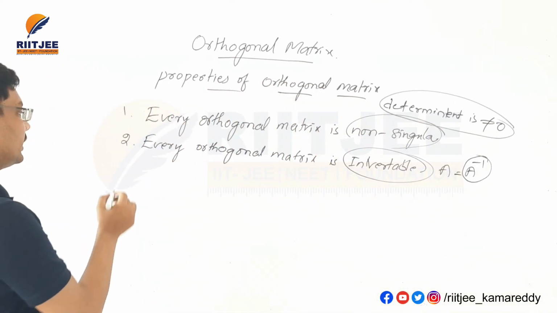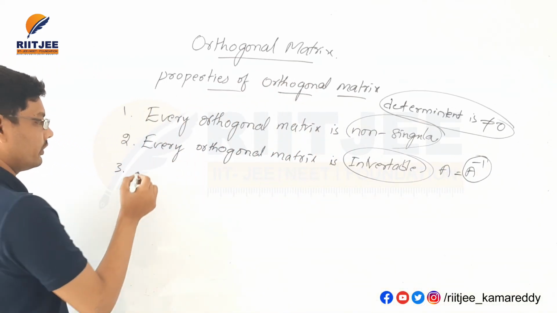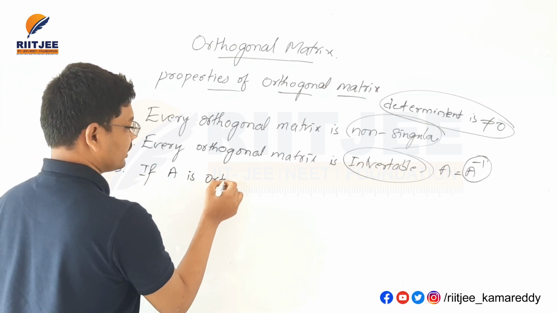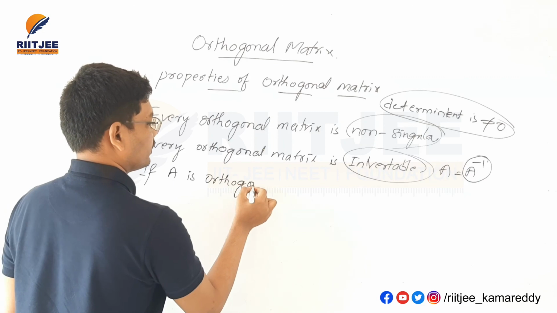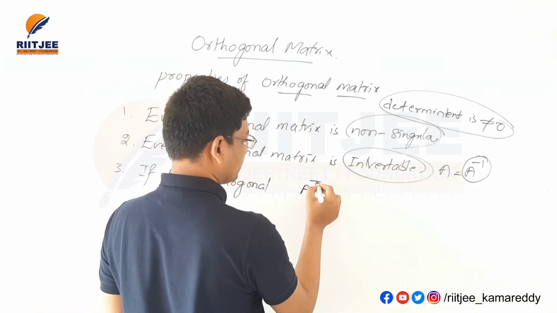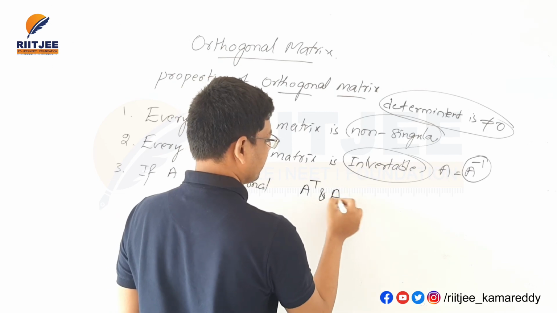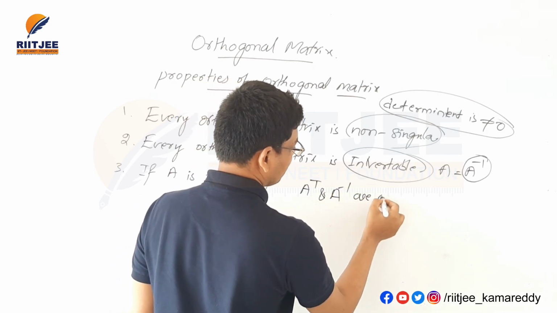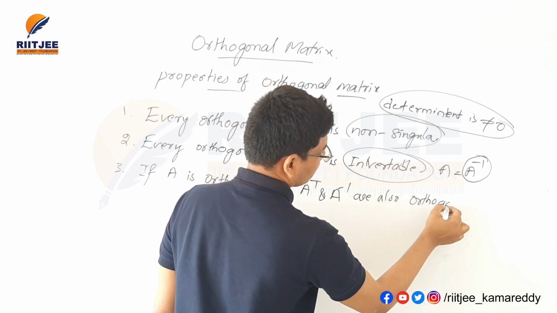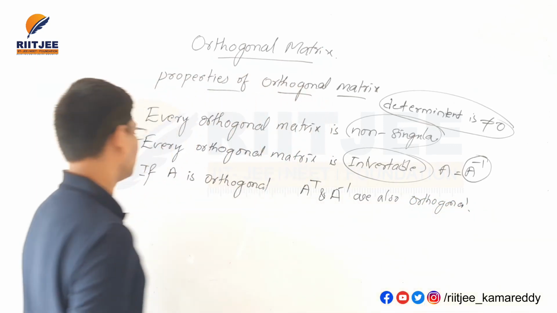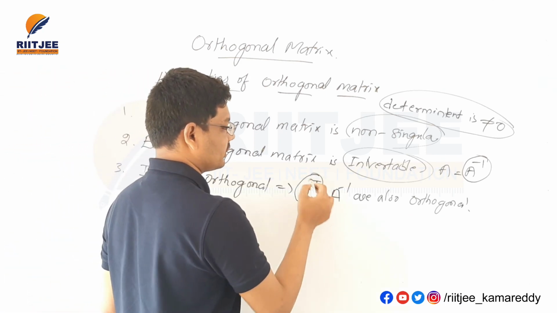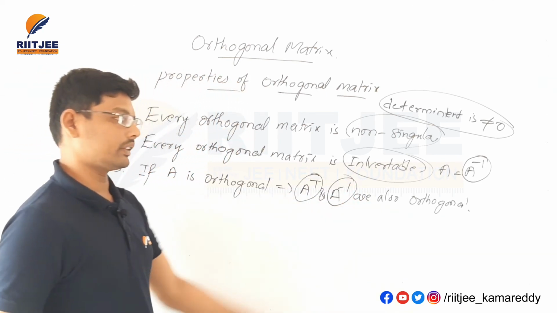Next, third one: if A is orthogonal, then A transpose and A inverse are also orthogonal. Here, if A is an orthogonal matrix, there exist A transpose and A inverse, which are also orthogonal.